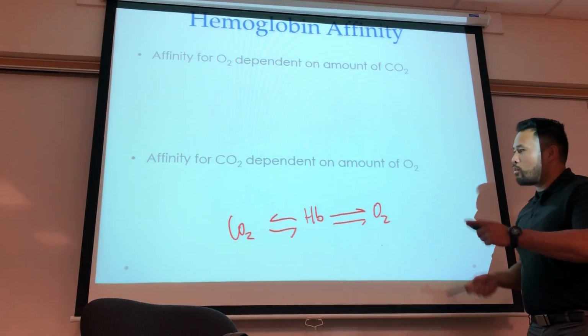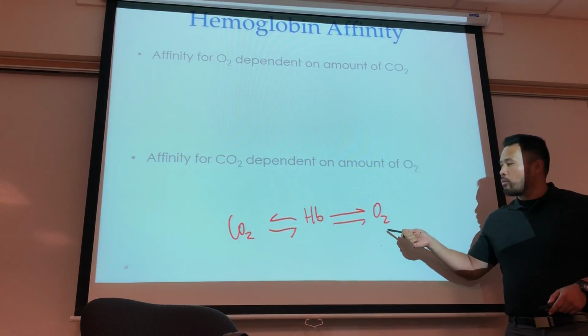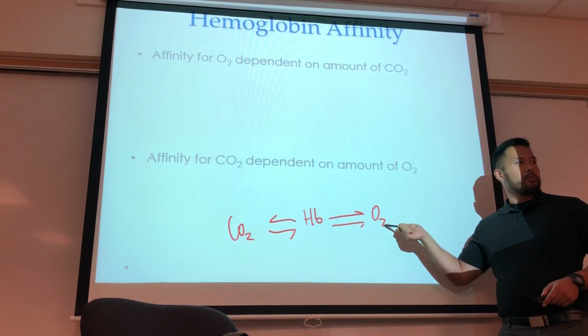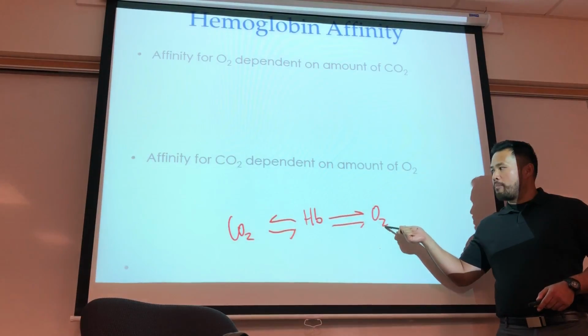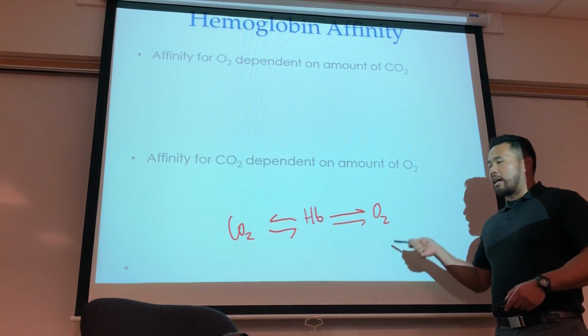In an oxygen-rich environment like the lungs, we typically have high O2 and low CO2. Therefore, it makes sense: hemoglobin has more oxygen molecules to bind to because there's less CO2.